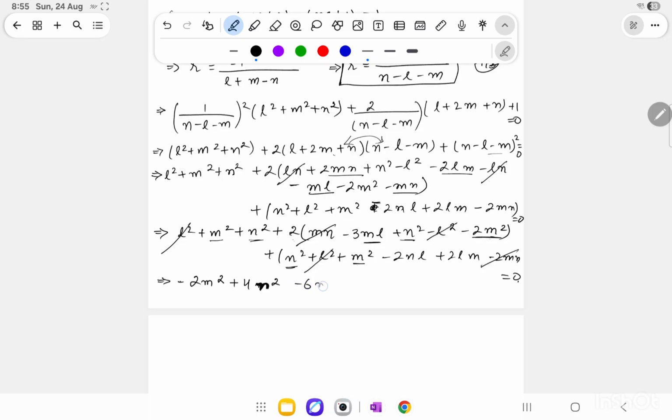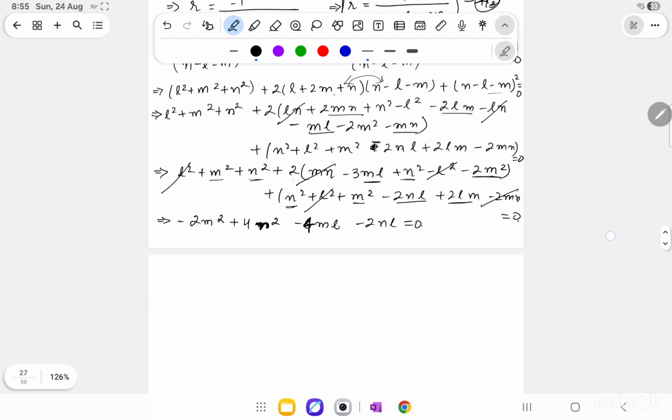Minus 6ml plus 2ml here, so minus 4ml, and minus 2nl equals to 0.